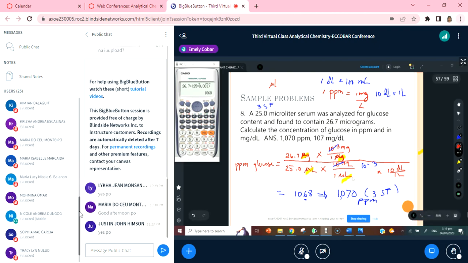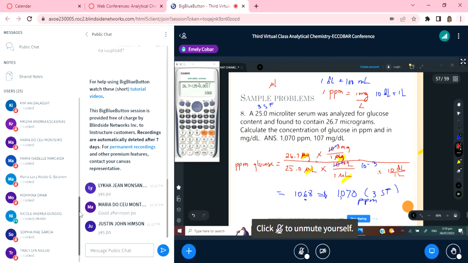Liter. Meron tayong liter sa ppm. So yung liter is i-convert natin to deciliter. How do we convert that to deciliter? There are 10 deciliter in 1 liter. So 10 deciliter in 1 liter, cancel yung liter, may iwan ka ng deciliter dito.